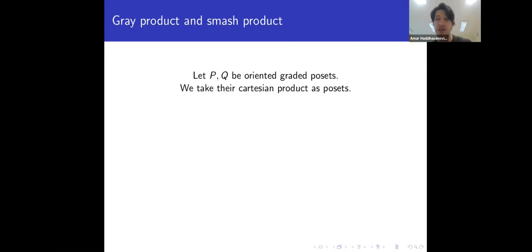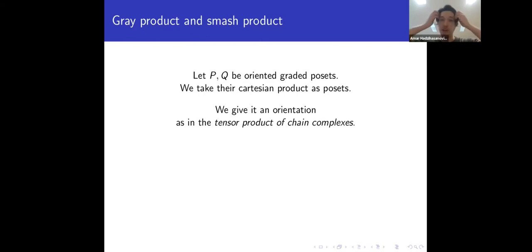So now on to the monoidal structure. If we have two oriented posets, we can take their Cartesian product, and then we can give it an orientation, as in the tensor product of chain complexes. What does this mean?